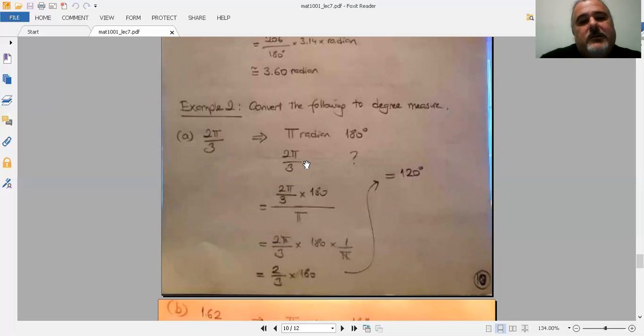But as you see, we are using the same thing. Pi radian is 180. So 2pi/3 radian is what? I have to multiply by 180 and divide by pi. So when we put it into the equation, the pi's are eliminated and our degree will be 120.